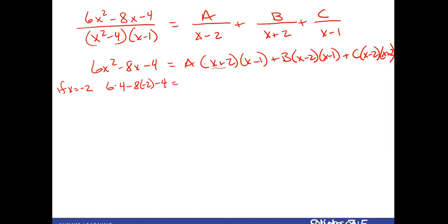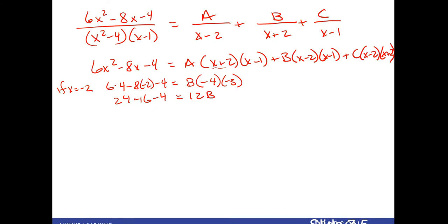If I plug in negative 2 here, this all becomes 0. The last term all becomes 0, and I'm just left with b times negative 4 times negative 3. So on the left I have 24 minus 16 minus 4 equals 12b. This becomes minus 20.